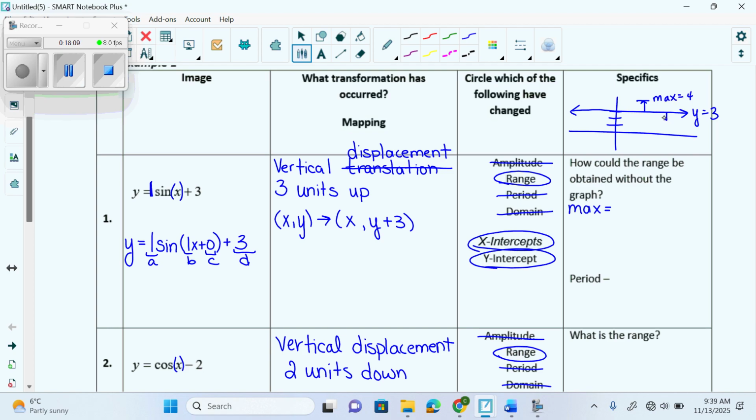And then if I min out, I go down by 1. Maximum is 3 plus 1, which is 4. Minimum is 3 minus 1, which is 2. So my range is from 2 to 4.